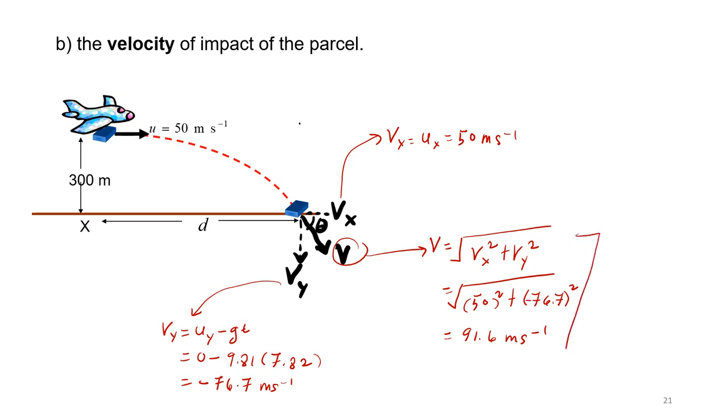After that, we calculate direction. We calculate value. We get direction negative 56.9 degree.